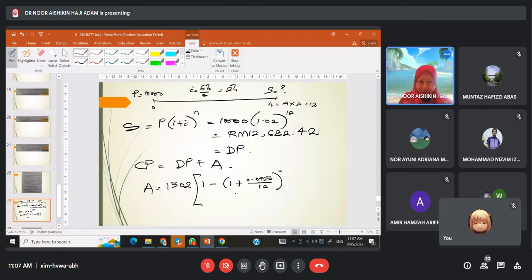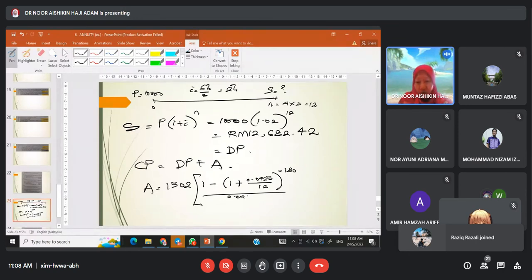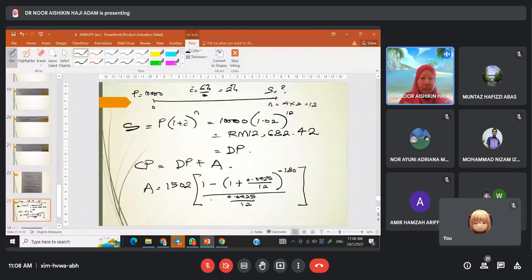What is N? 15 darab 12. 180. Betul. Over I. 4.25% or 0.0425 over 12. So dah dapat nilai A. What is A?